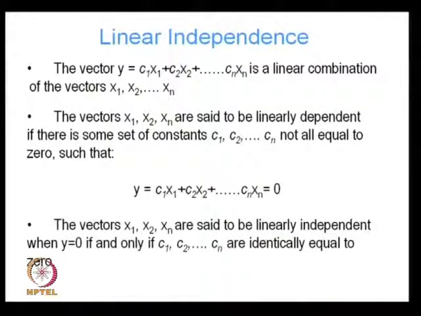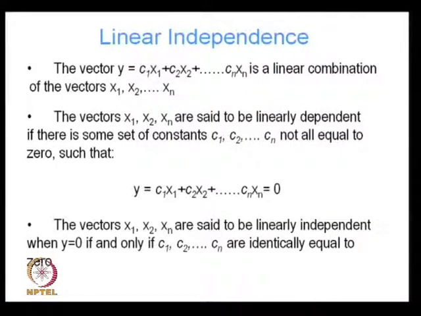On the other hand, the vectors x1, x2 through xn are said to be linearly independent when this condition is satisfied if and only if all the c1 through cn are 0.